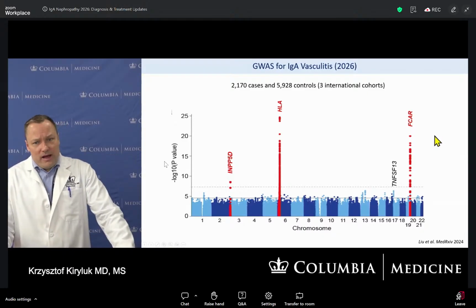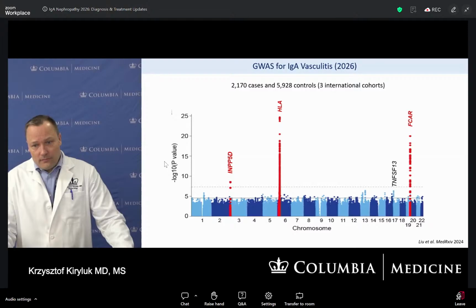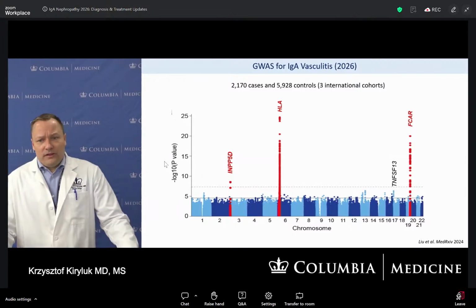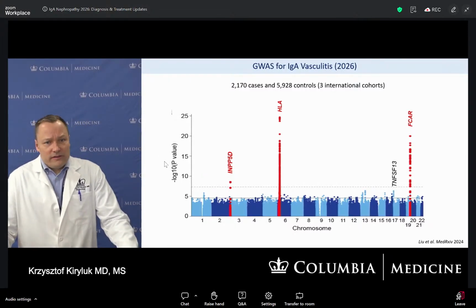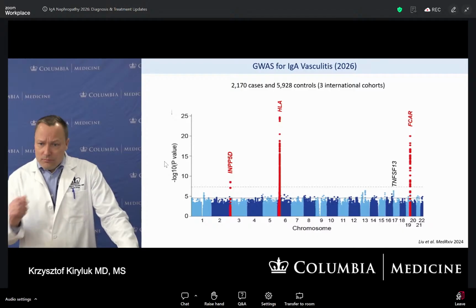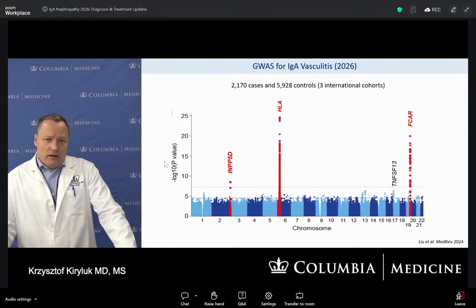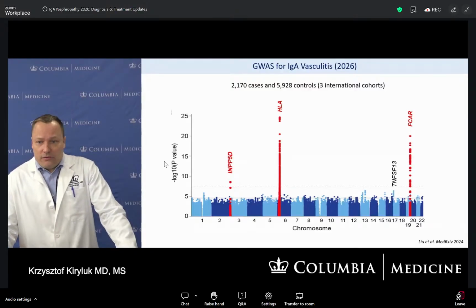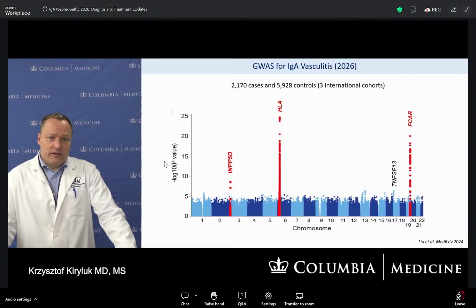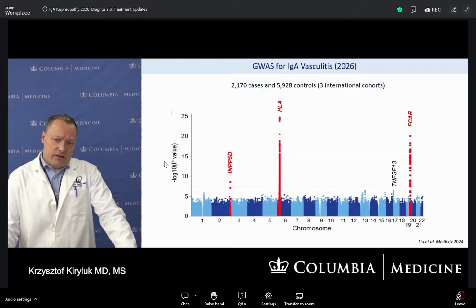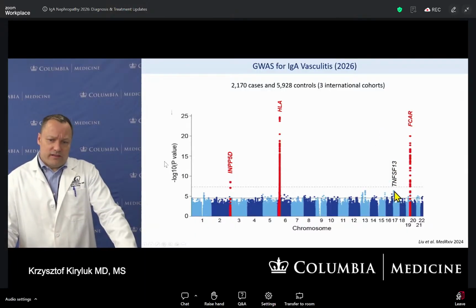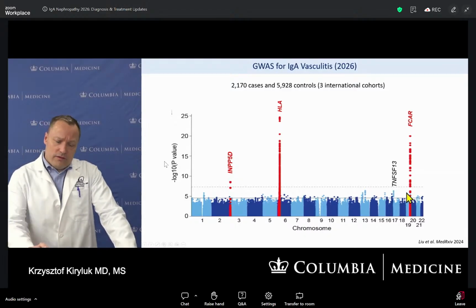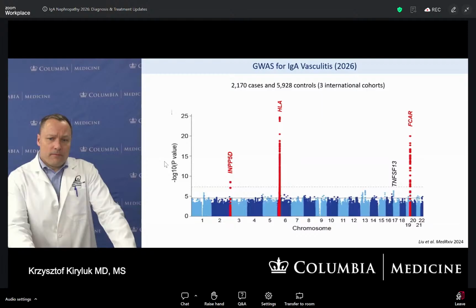So clearly the pattern is a little bit different compared to IgA nephropathy, and it highlights the role of myeloid cells in IgA vasculitis and provides some clues about why this particular disease would have systemic manifestations versus just kidney-limited manifestations. I also want to point out that the APRIL, TNFSF13 locus, is suggestive in this study, suggesting that perhaps the APRIL pathway is also involved in the pathogenesis of IgA vasculitis.